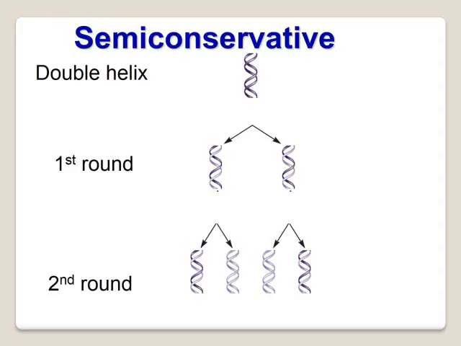Each one consists of N15 and N14. The other one is N15, N14. These have the same density. They are neither light nor heavy, but they are in the middle. We call it heavy light. One band.